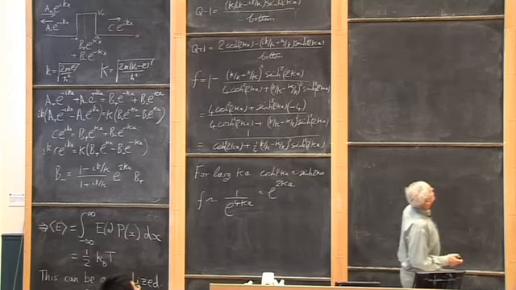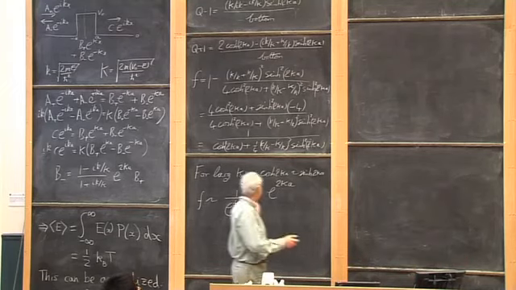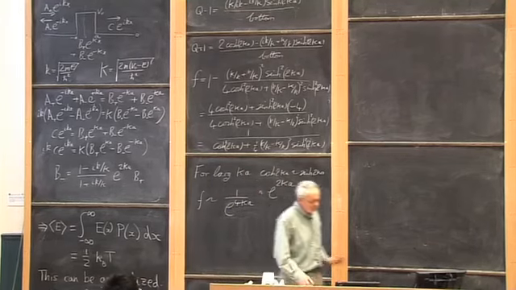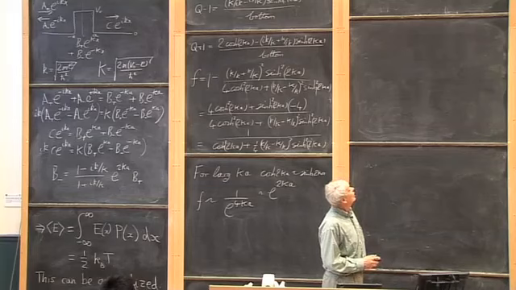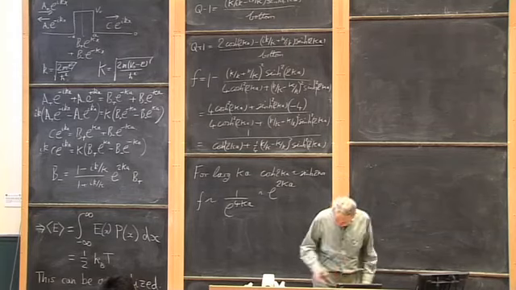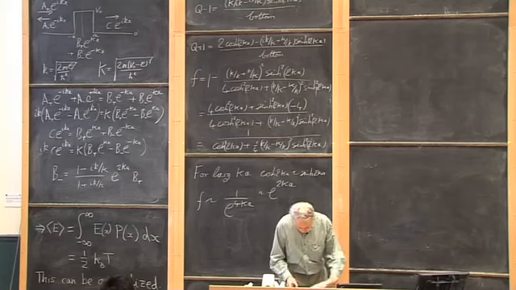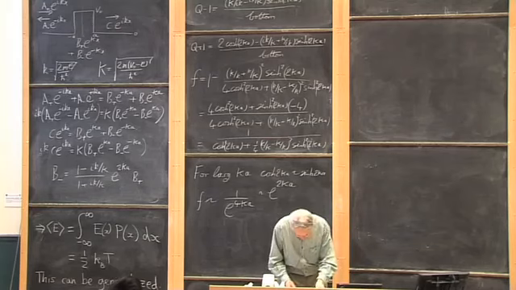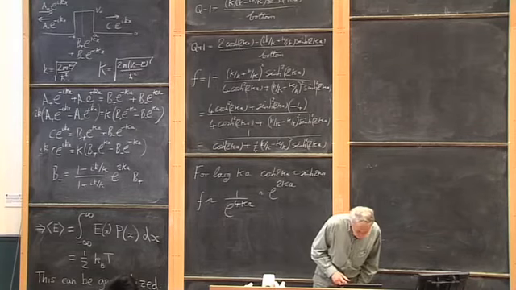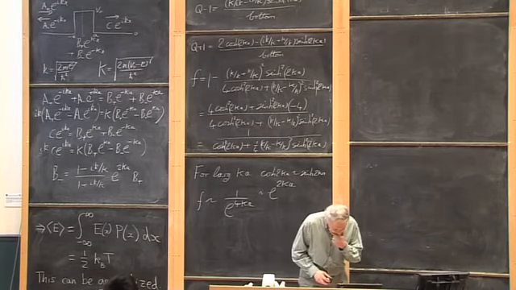So that's sort of asymptotically what happens when Ka is very large. In detail, you might want to know for smaller Ka.